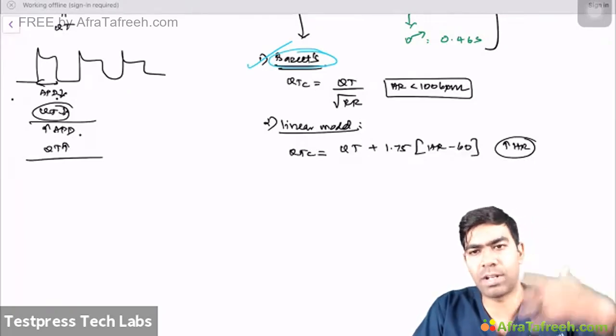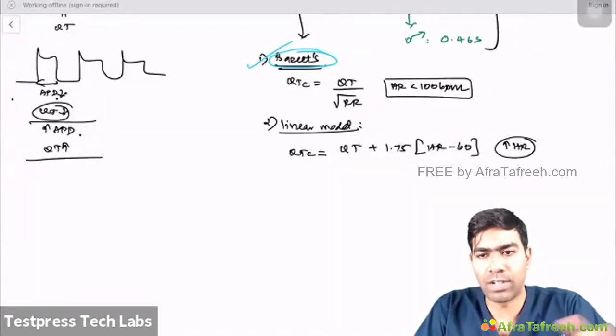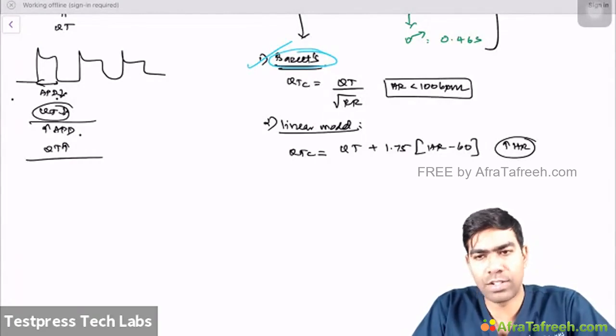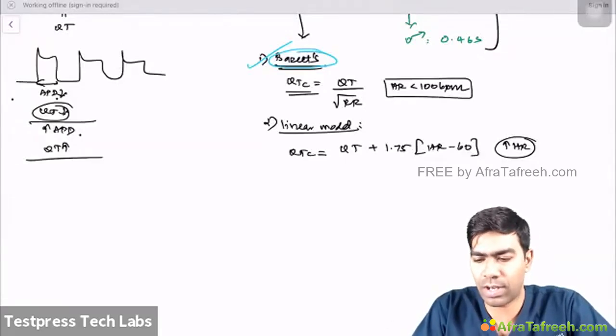Even in my JIPMER exam during my time in 2010, they used to ask Bazett's formula only. They will give four equations and ask which of the following is true with Bazett's formula. You have to tell QTc is equal to QT divided by the square root of the RR interval. That will give the corrected QT.